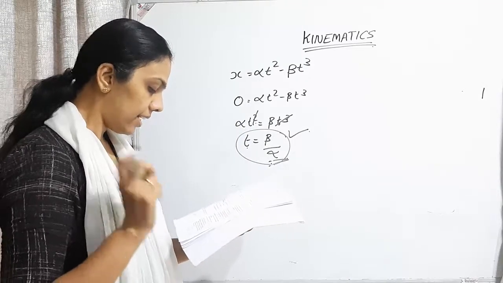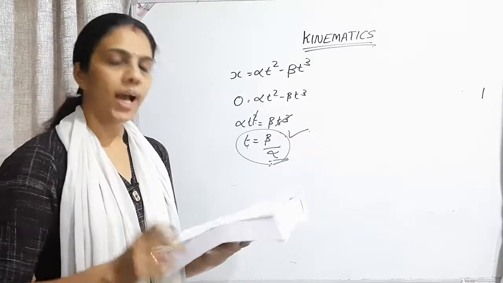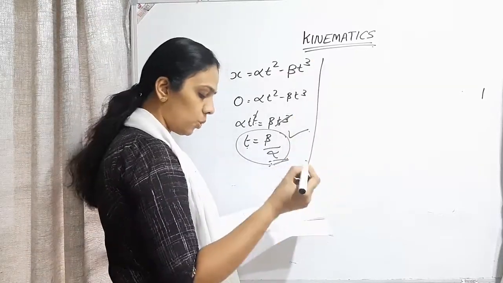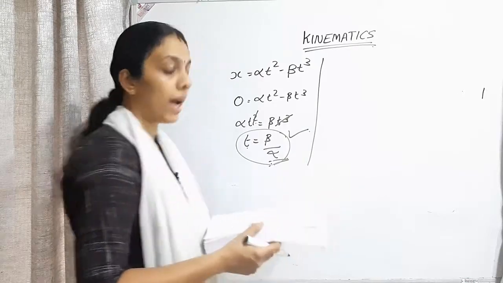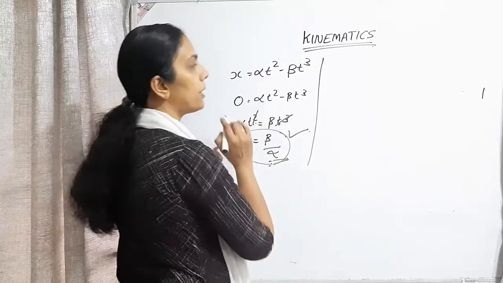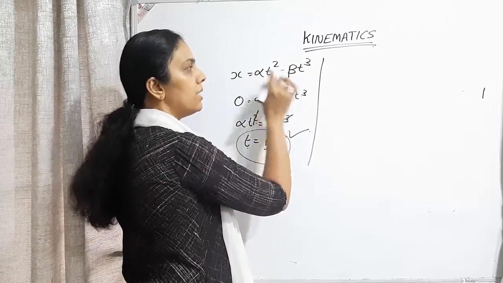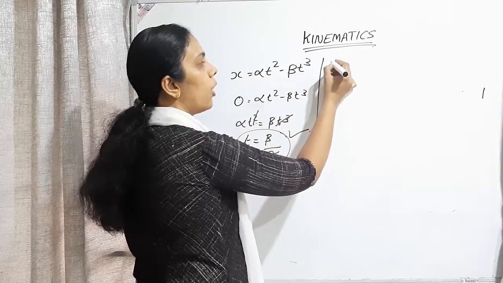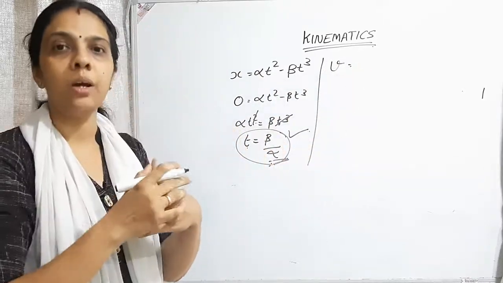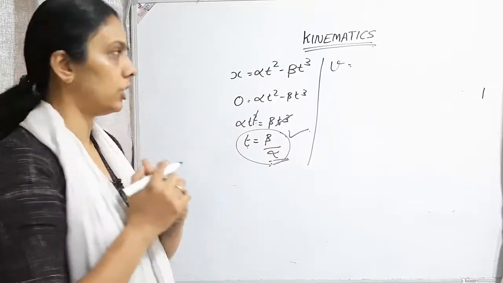And then next one, particle comes to rest after the time 2 alpha by 3 beta. So when the particle will be coming to rest, how can we find out? Here displacement is given, right? Position is given like this. How can we find out the velocity? When velocity is equal to 0, that time only the object will be coming to rest, right?